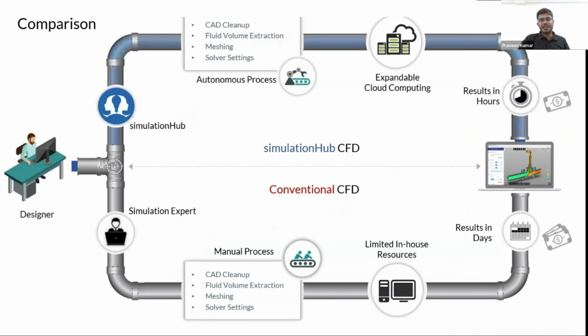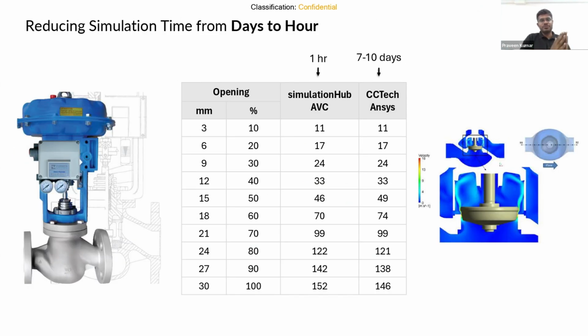So this is the case study I was talking about. Before this product was developed, we ourselves were providing consultancy services with the help of conventional software. For one of our customers, we took around 10 days.